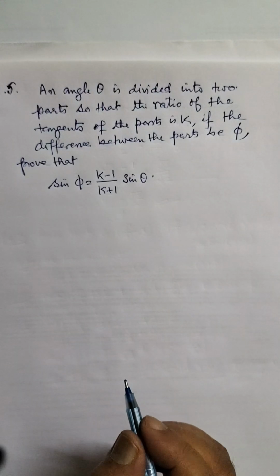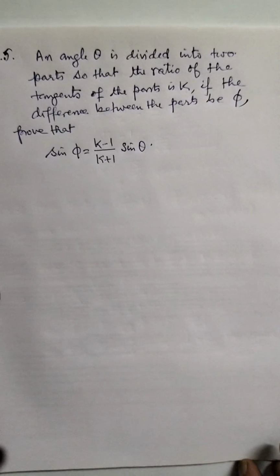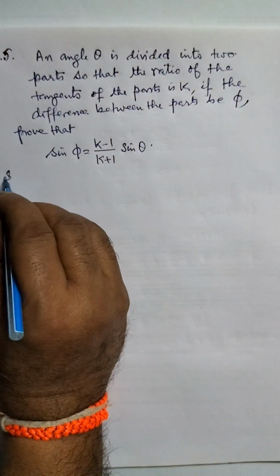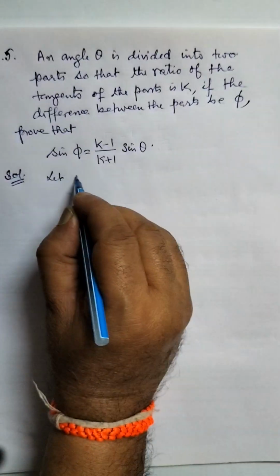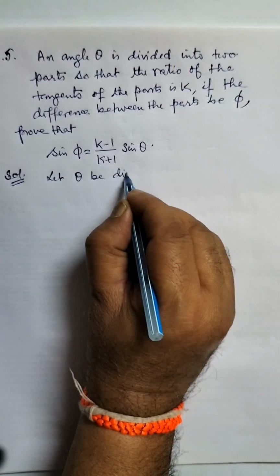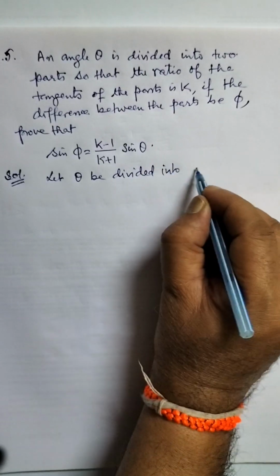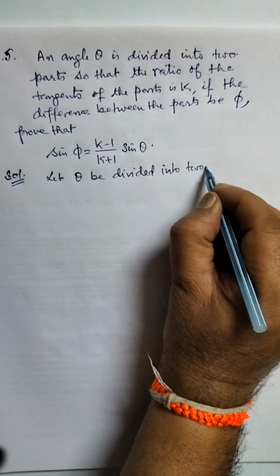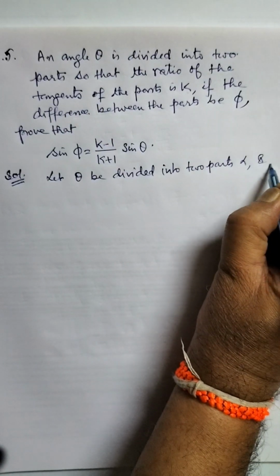This question is a very important question and it is application based. So just pay attention to the solution. So solution, let theta be divided into two parts alpha and beta.